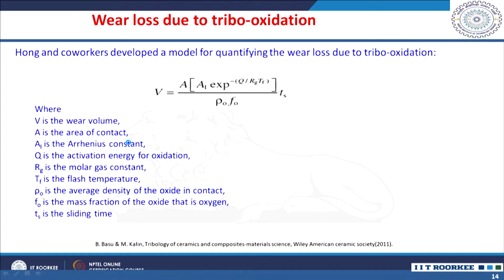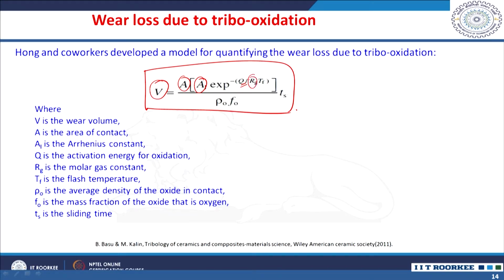Finally, you can quantify the wear of the material due to tribooxidation by this formula, right. The wear loss due to tribooxidation: V is the wear volume, A is the area of contact, A1 is generally the Arrhenius constant, and the activation energy required for the oxidation is Q, right.